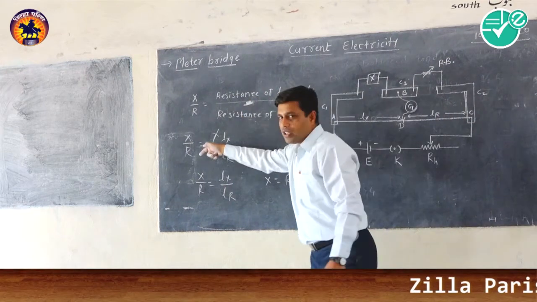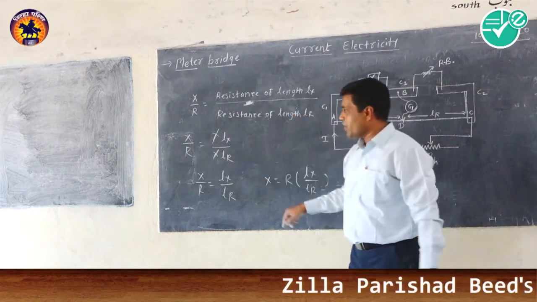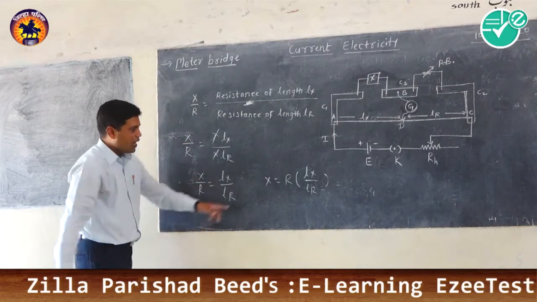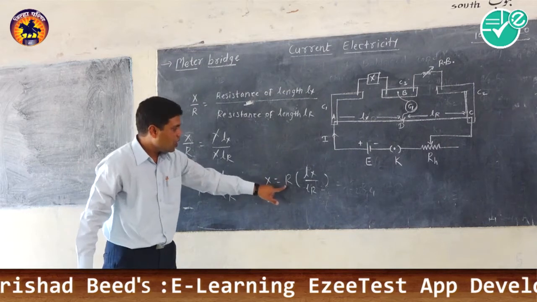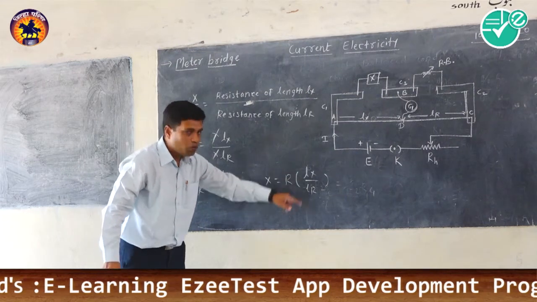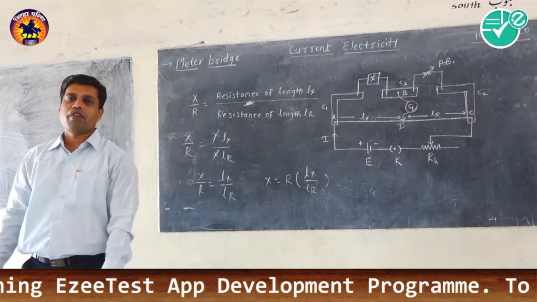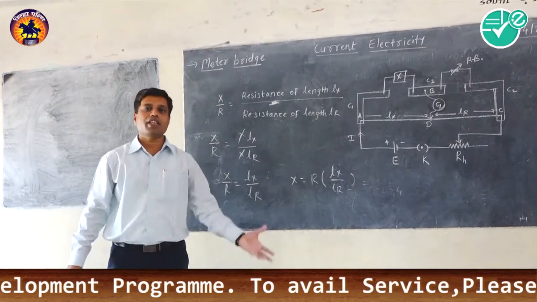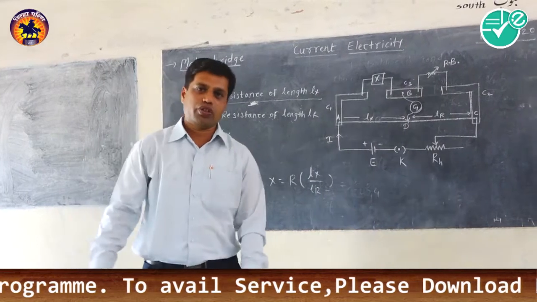This ratio is equal, and in this case lambda gets cancelled, and you get the final equation X by R equals Lx upon Lr, and here X equals the unknown resistance, equal to known resistance R into Lx divided by Lr. With the help of this formula, you can calculate the unknown resistance of any device using the meter bridge.